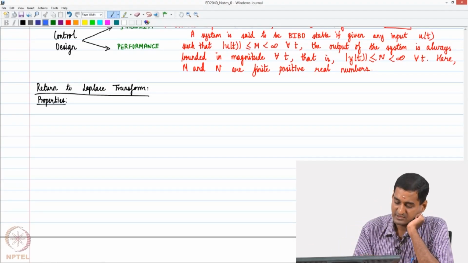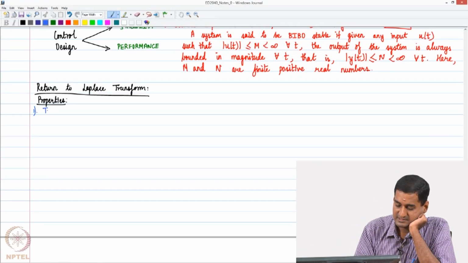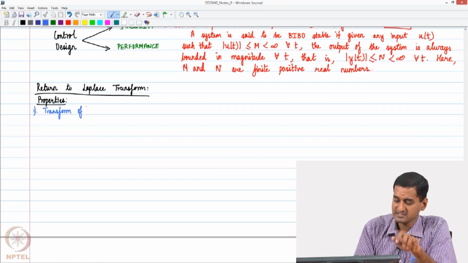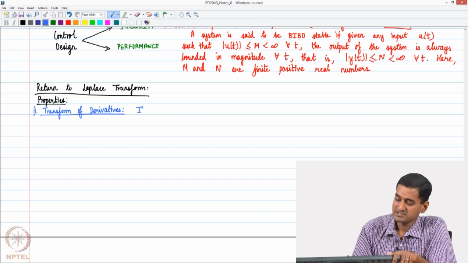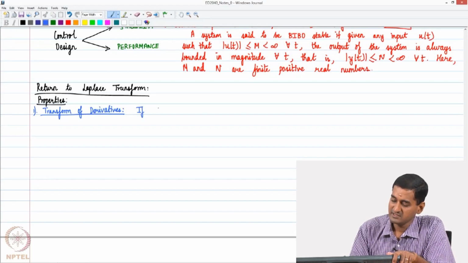The first one is transform of derivatives. First let us see how derivatives of functions transform when we apply the Laplace transform.